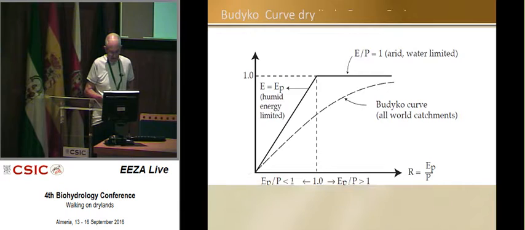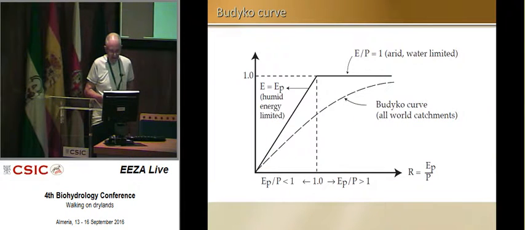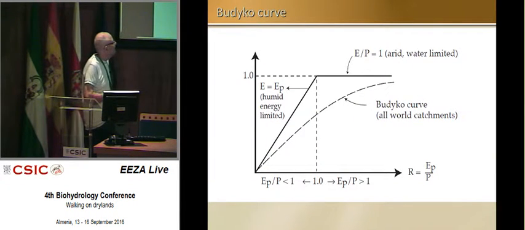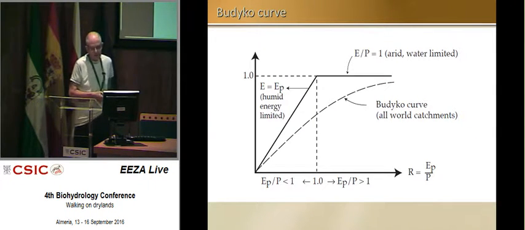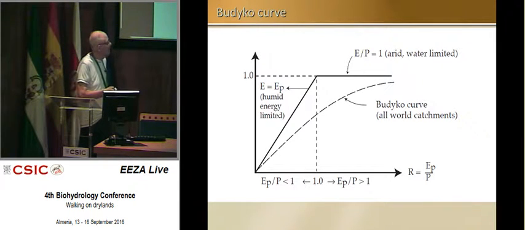On the abscissa is the index of aridity, that is potential evaporation to rainfall. On the ordinate is the ratio between evaporation and rainfall. Okay? Well, very simple.